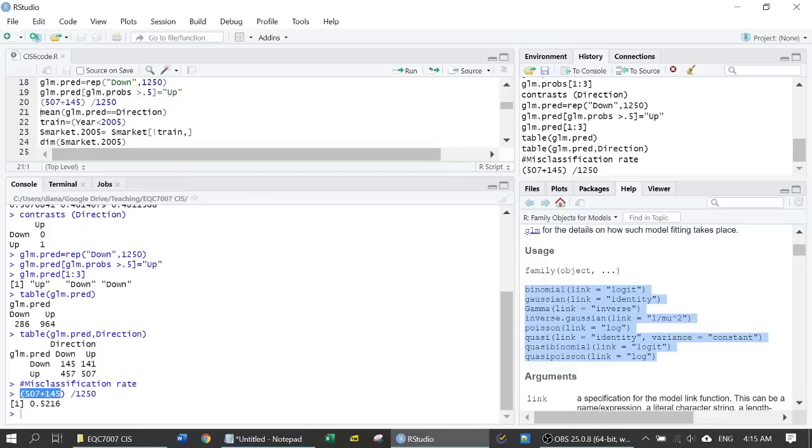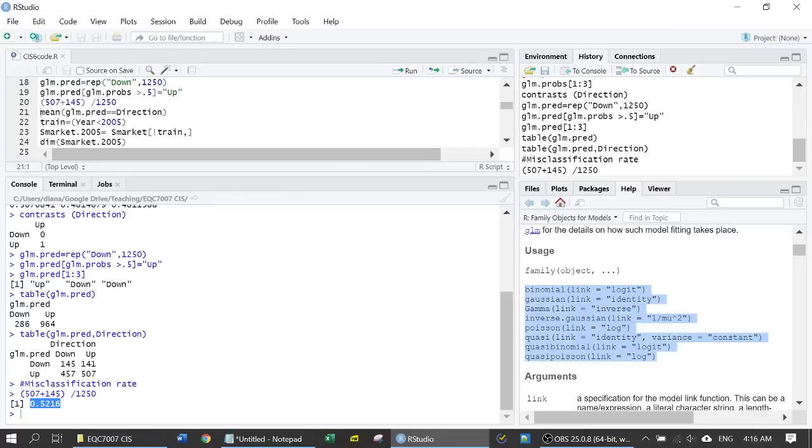So we just want to know what is the percentage that we have guessed correctly using this model. So this is 507 plus 145 divided by the total observations of 1250. So we correctly classified it 52% of the time, which is just slightly above average.